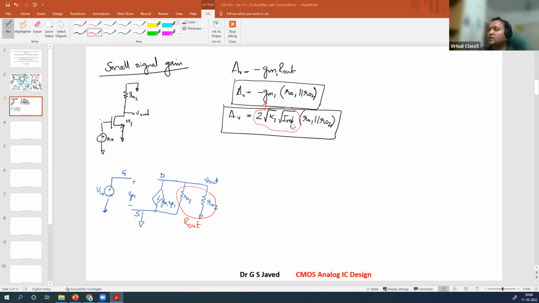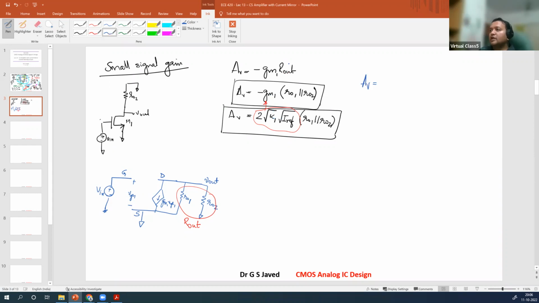So we can find out that in the previous class, we saw the gain of this device with respect to the two resistors. In one case, it is PMOS, in another case, it is NMOS. The gain effectively comes in as this GM1 is from this device.